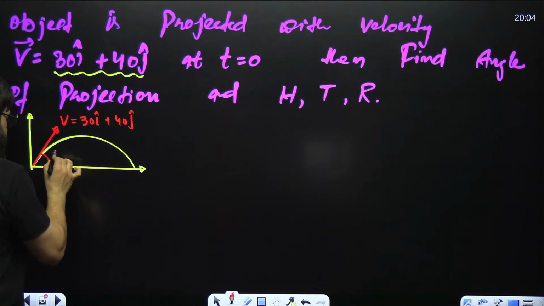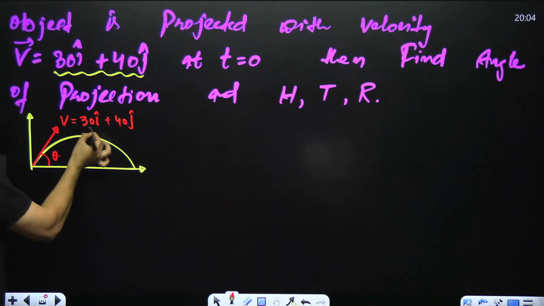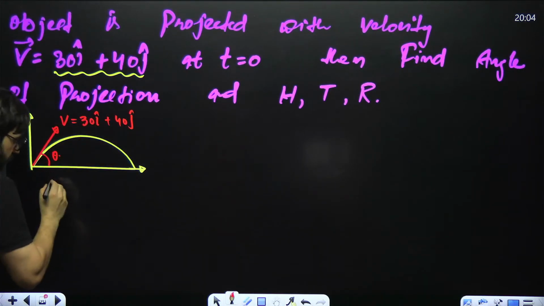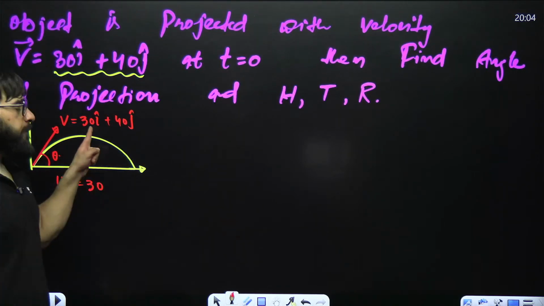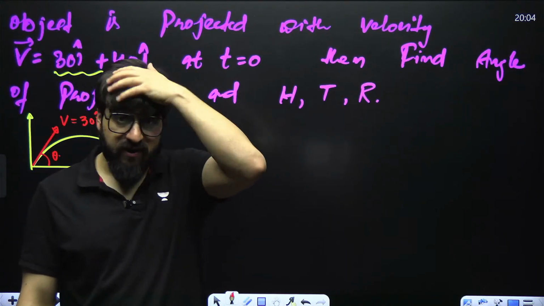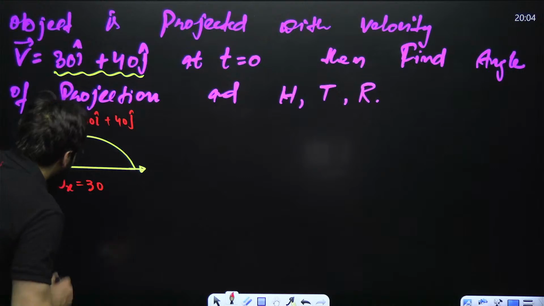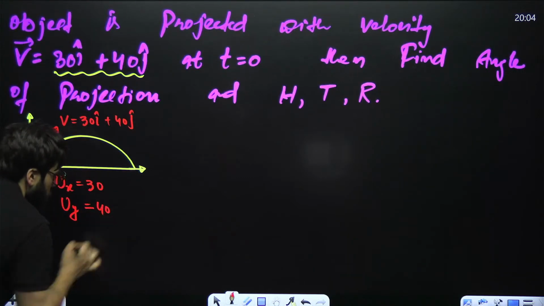This angle is theta. You have to first find the value of theta. In this case, initial velocity ux will be 30, because whatever is mentioned with the i cap is the velocity in x direction, and whatever is mentioned with the j cap is the velocity in y direction.